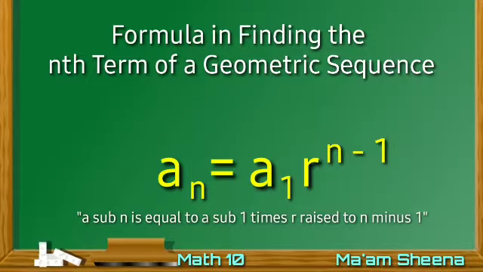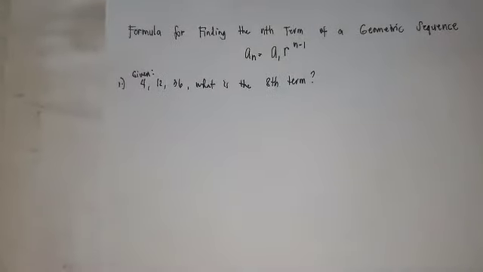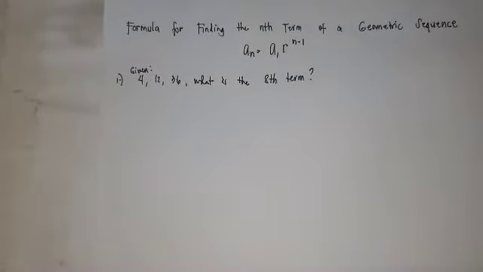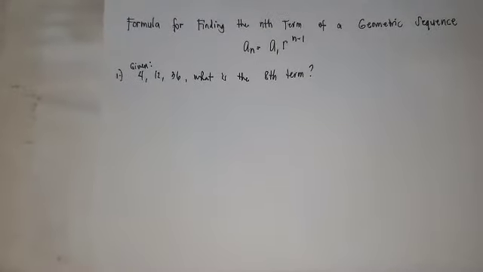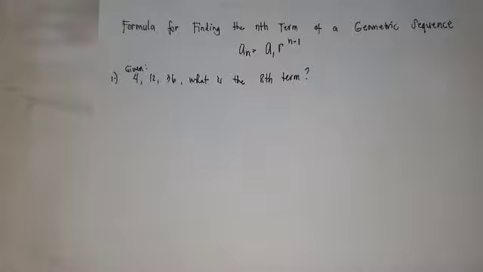Let's have examples to understand better and to get the missing terms or the terms asked in the following examples. So, class, our first example: the given is 4, 12, 36. What is the 8th term of this geometric sequence?